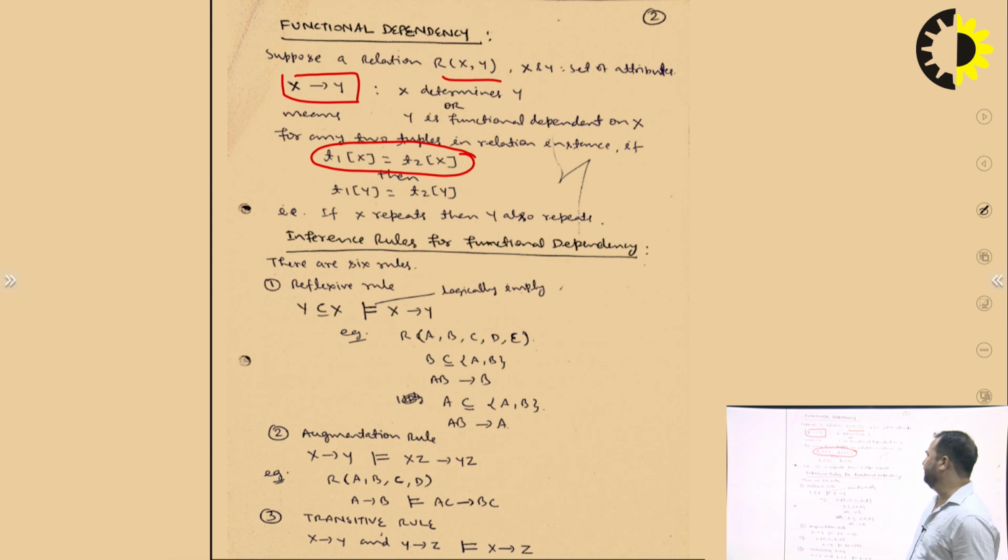This is the theory: if x repeats, then y also repeats, and then x determines y.